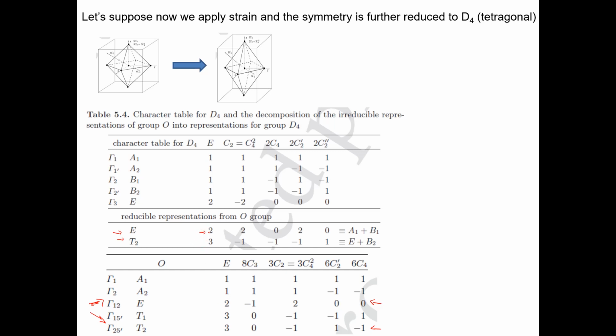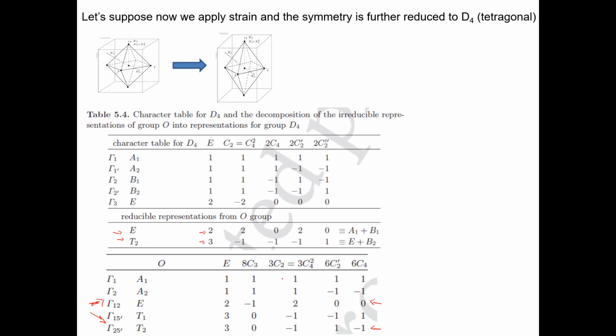It's 2 for E and 3 for T2. Okay. All right. So let's say now C4, the C4 operation. When I go from cubic symmetry to the tetragonal symmetry, only one C4 operation remains, which is the C4 rotation about the z-axis, right?